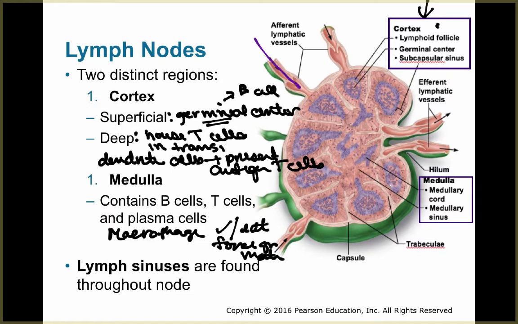It's going to enter in here through these afferent lymphatic vessels. And at this point, you'll notice it goes through this first area here, which is the subcapsular sinuses.